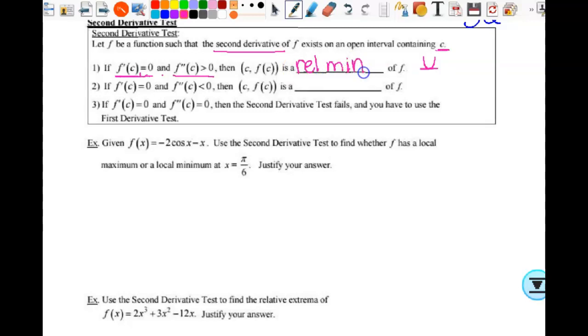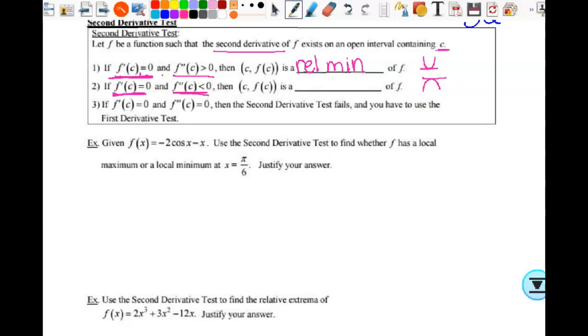So we knew by this part right here that it's a relative max or min, right? And then the fact that it is concave up means that we have to have a relative min. You with me on that? So here, when f prime is equal to 0, I know that I have a relative max or min. And then f double prime is less than 0. That means f is concave down. There's my tangent line.